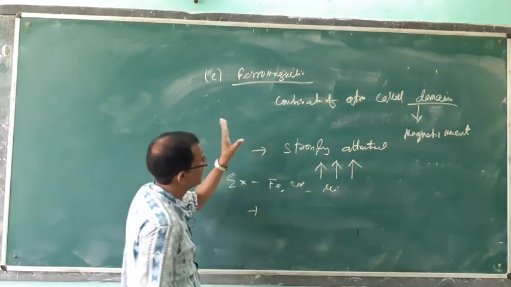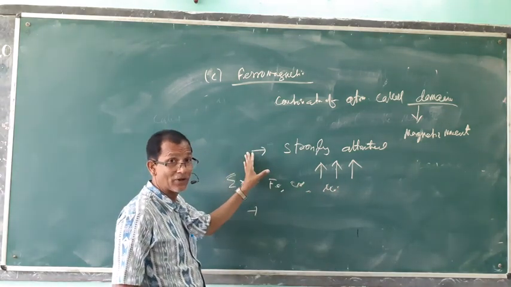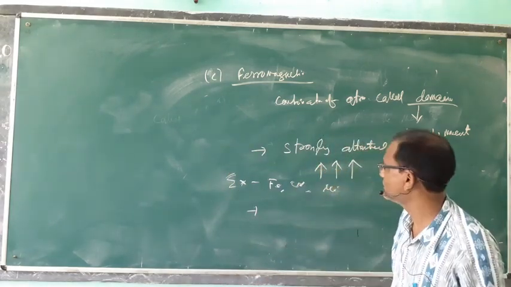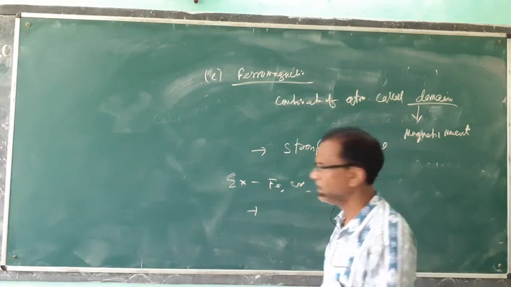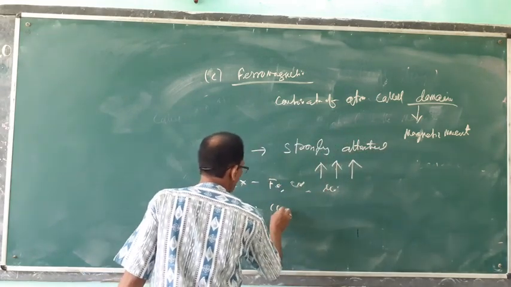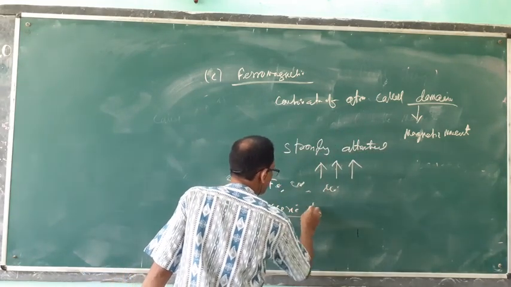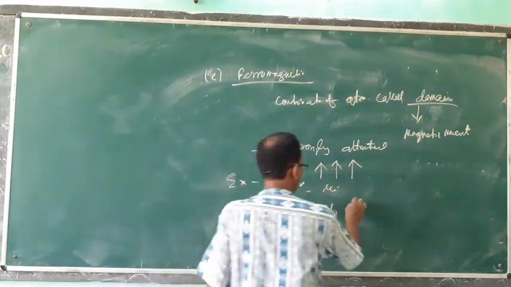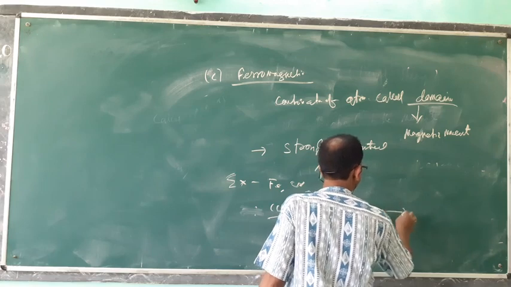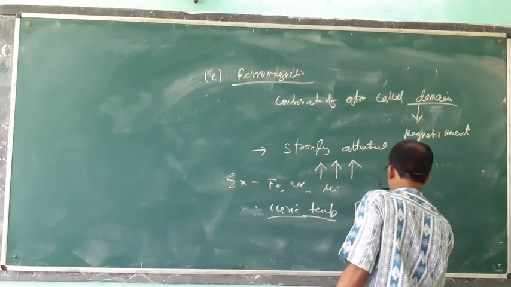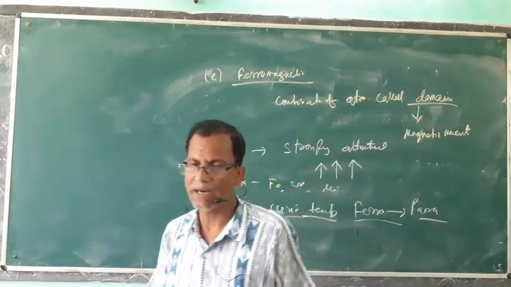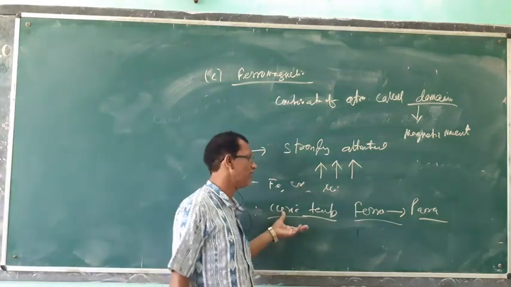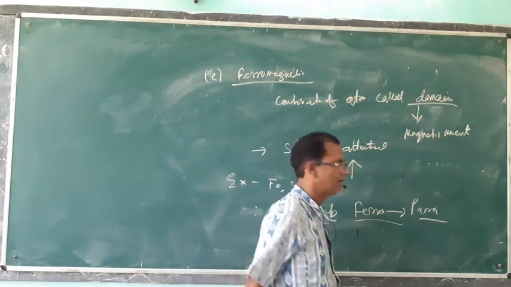And ferromagnetic can be converted to paramagnetic by heating. That temperature is called the Curie temperature. By the Curie temperature, we can convert ferro to para. Ferro can be converted to paramagnetic at the exact temperature required.